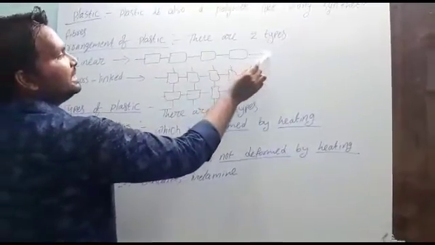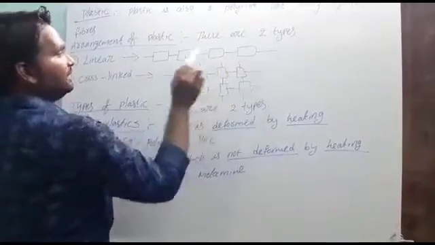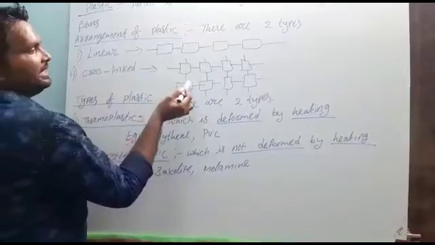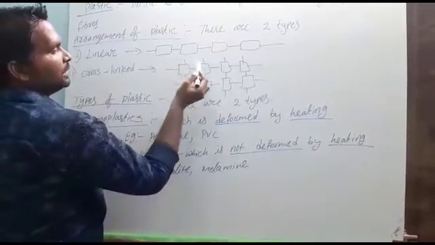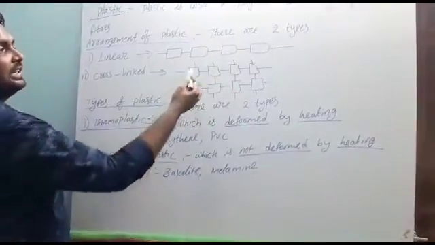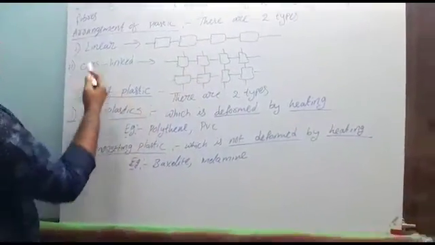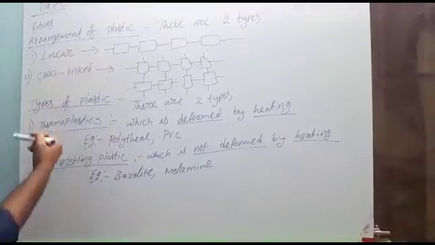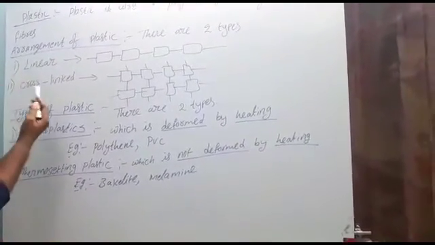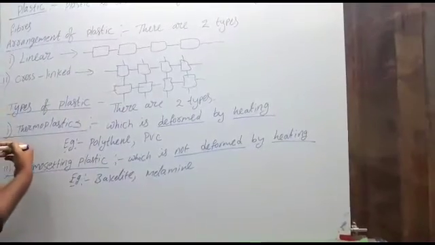The plastic is arranged in a linear way. In the cross-linked one, the monomers are arranged across each other, one monomer, one monomer, like that. This is very important. How many types of arrangements are there in plastic? Two types: linear arrangement and cross-linked arrangement.